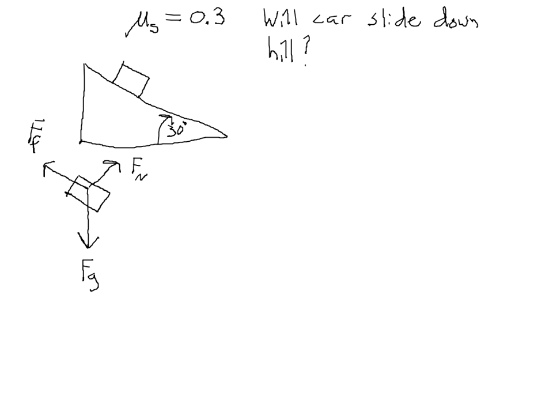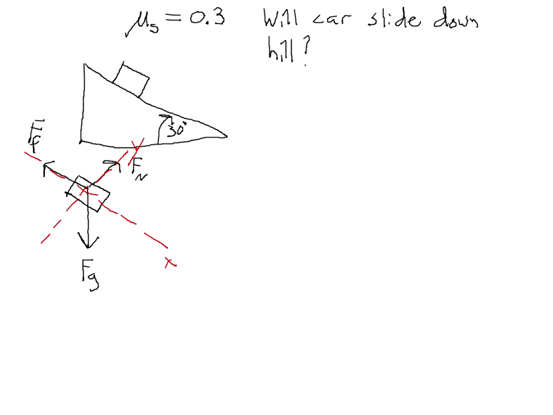So next we need to pick a coordinate system and resolve all of the forces into the x and y directions. Once again, because we're on an incline, we're going to pick the y direction to be perpendicular to the plane and the x direction to be parallel to the plane. So this is the positive x direction and this is the positive y direction.